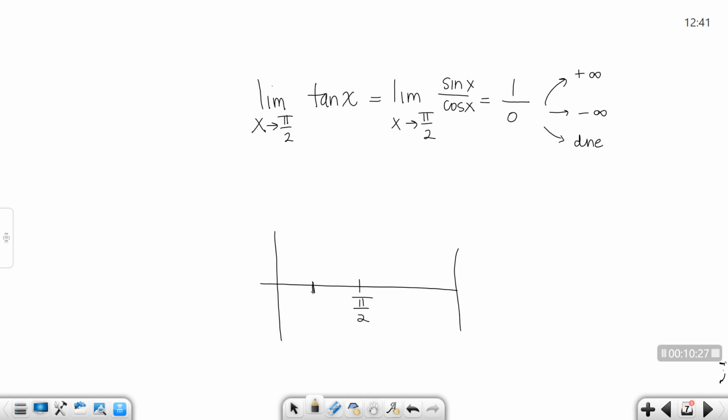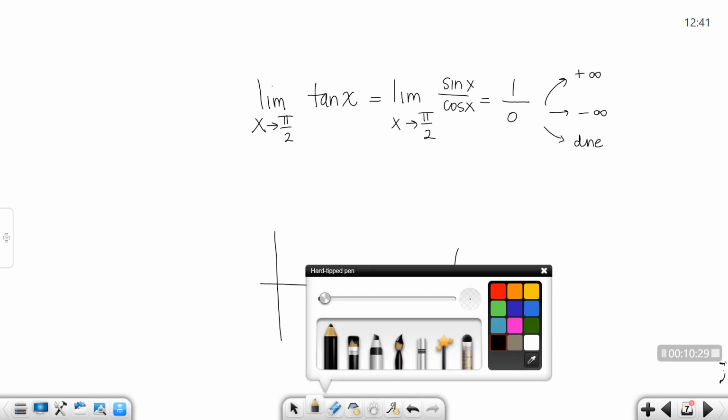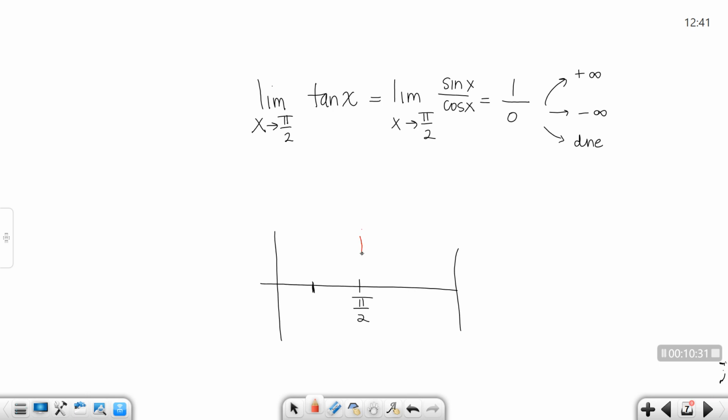Something on this side of pi over 2, let's put an asymptote there. Something on this side of pi over 2 that I could choose would be pi over 4, and something on this side that I could choose would be 3 pi over 4.